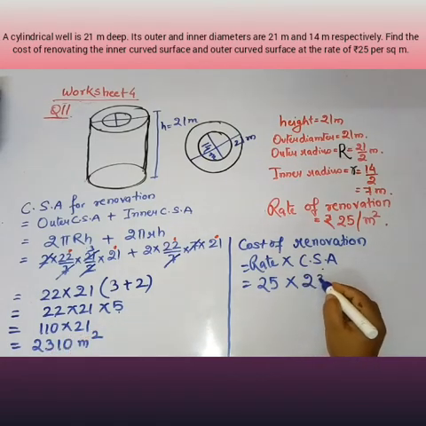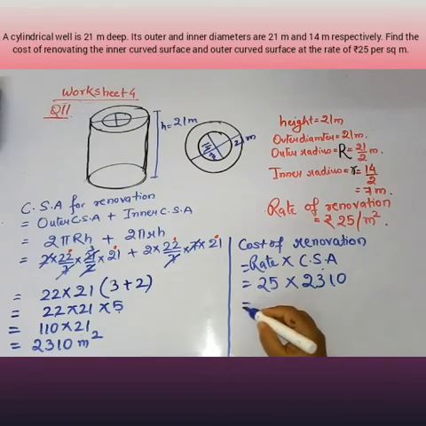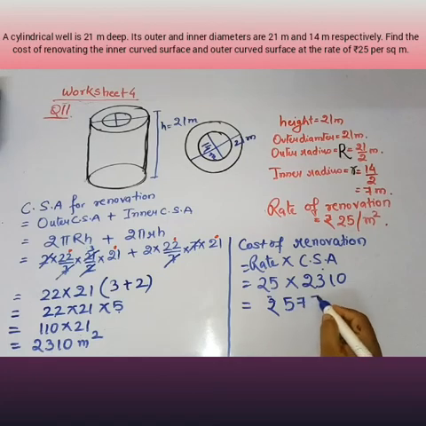If I multiply it, I will get here rupees 57750. So at last you will write there that therefore the cost of renovating the inner curved surface area and the outer curved surface area is rupees 57,750.